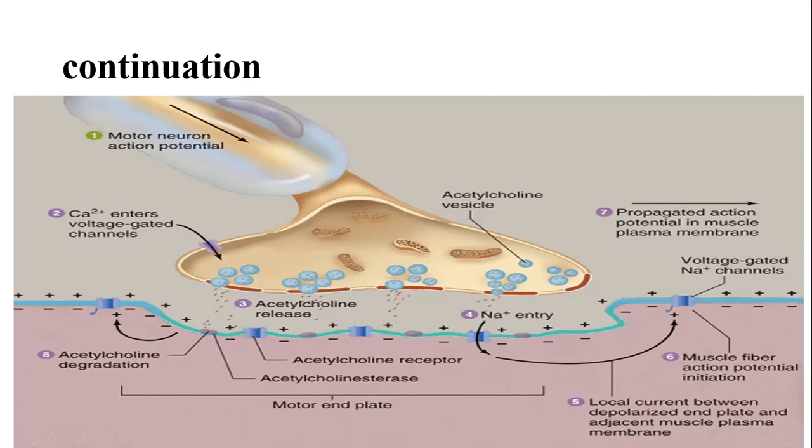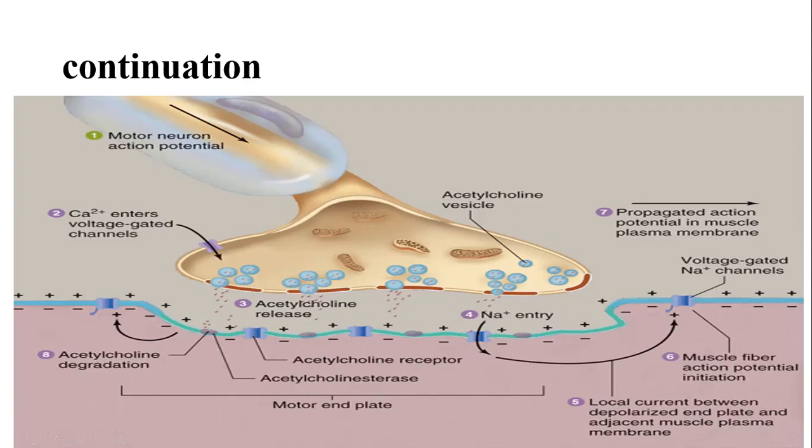And these receptors are known as acetylcholine nicotinic receptors. When the acetylcholine lands on these receptors, they are going to cause the opening of the sodium voltage-gated channels on the other side of the membrane, which is going to cause the generation of a muscle action potential.